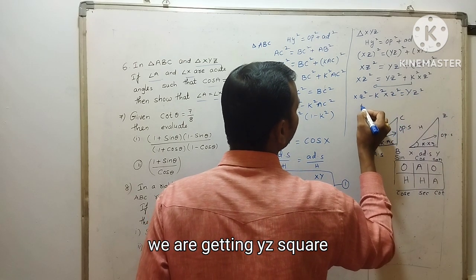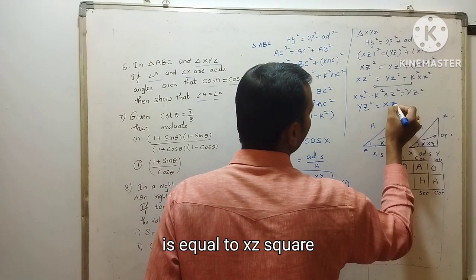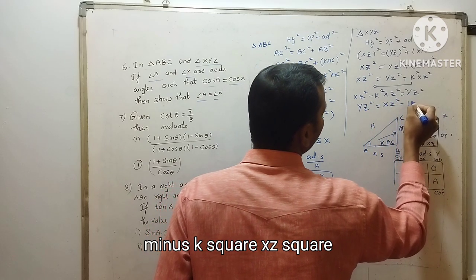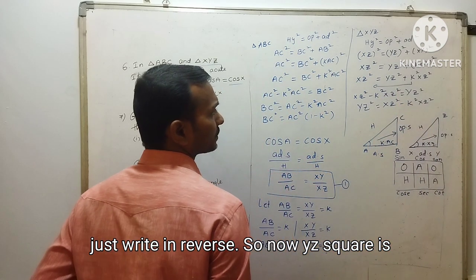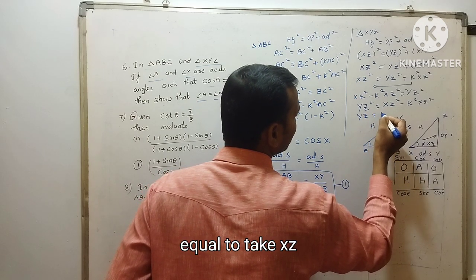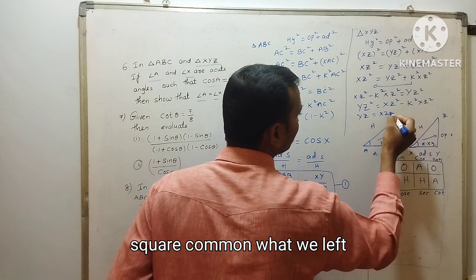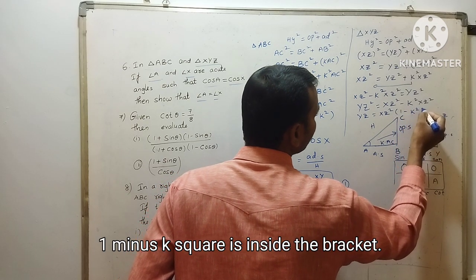So finally we are getting YZ square is equal to XZ square minus K square XZ square. Just write in reverse. So now YZ square is equal to, take XZ square common, and 1 minus K square is inside the bracket.